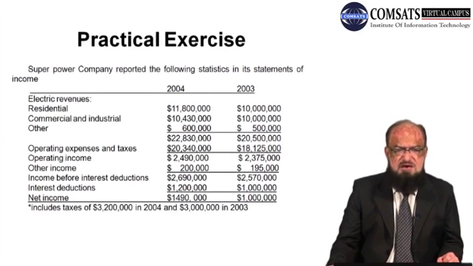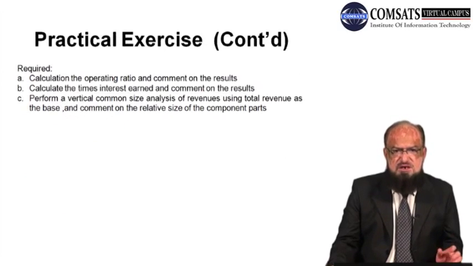First of all, I would like to solve the practical exercise. What is the question? As usual, we will read out the question. Superpower company reported the following statistics in its statements of income. You can see the data is given. Now we need to calculate the operating ratio and comment on the results.